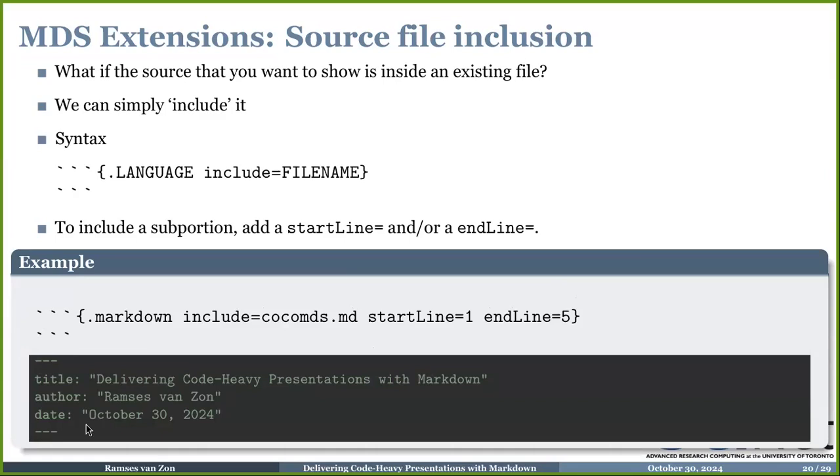So you can have code separate from your presentation, but present that code in your presentation. When you have version control, that code could have its own version. When it changes, that's fine, but the presentation doesn't change. Oh, and when it's included, it also has the syntax highlighting that you want.